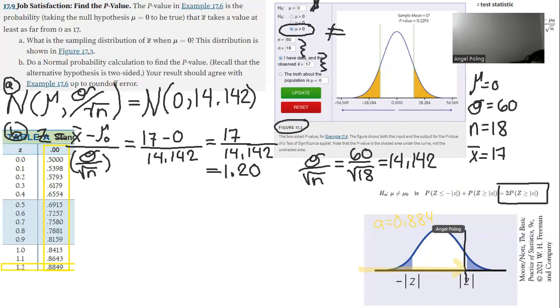That means the area to the right of this mark is 1 minus A, which is 1 minus 0.8849, which is the value 0.1151.